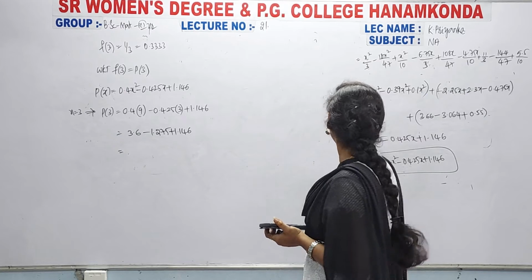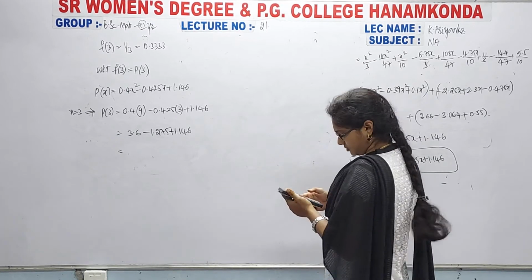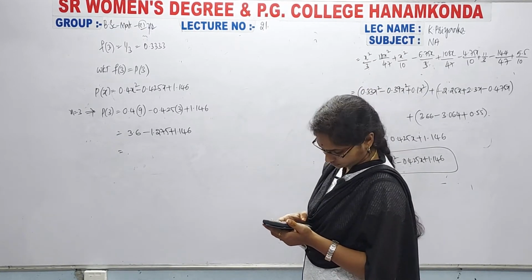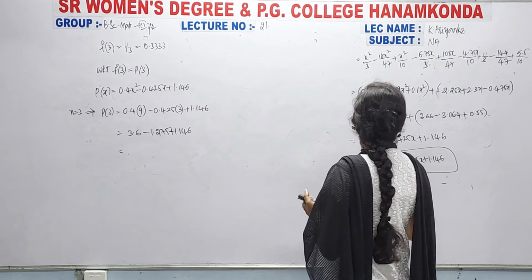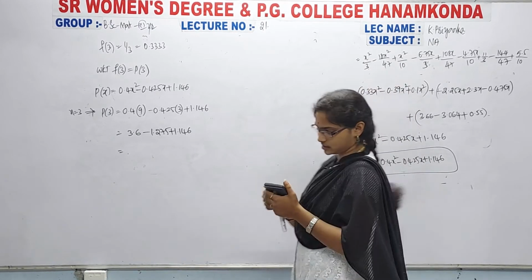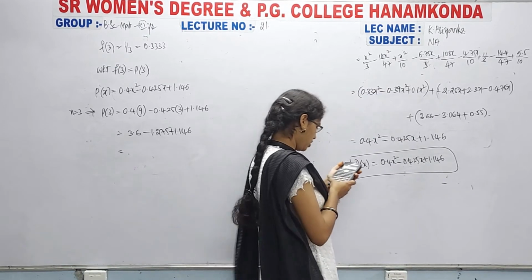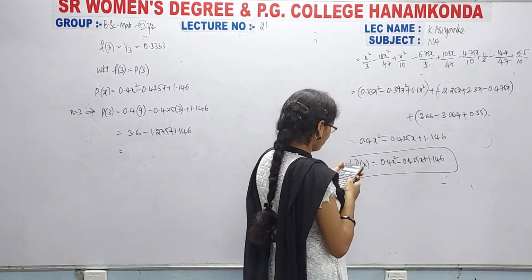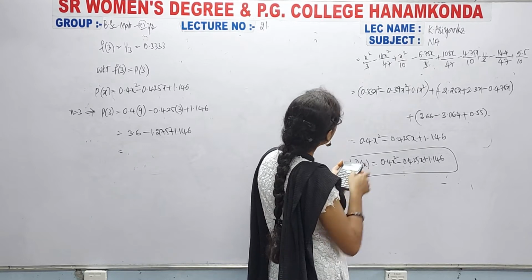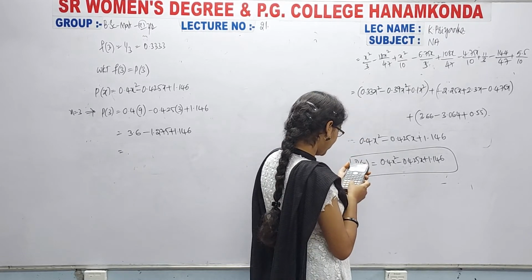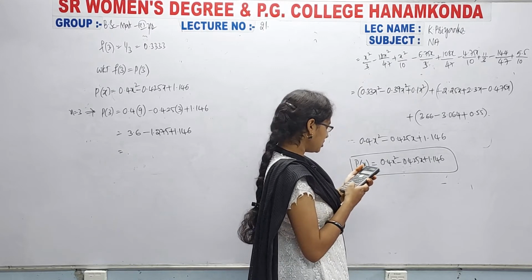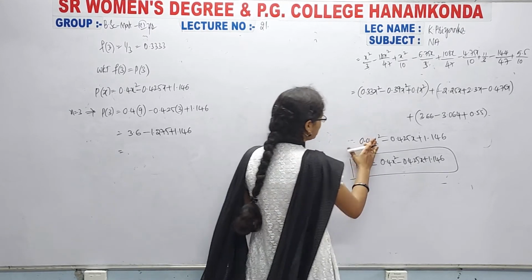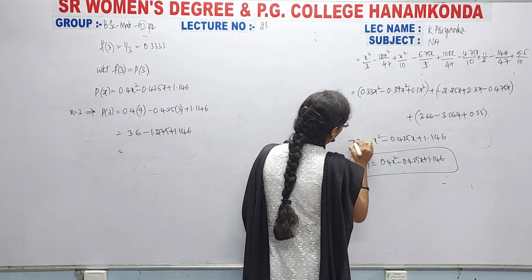So somewhere I made a mistake. Once I check this value, I am calculating 0.33 minus 0.39 plus 0.1, 0.04. I wrote that it is 0.4, that's why I am not getting the answer.